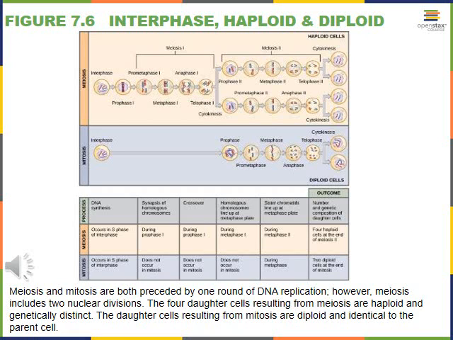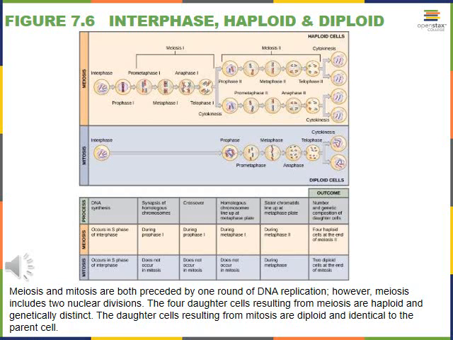The outcome says number, and honestly I can't read that, number of something components of daughter cells. So how many chromosomes are you going to end up with? Okay, what's the final count in the daughter cell? What do the chromosomes look like, and what is inside those daughter cells, and what are they called?